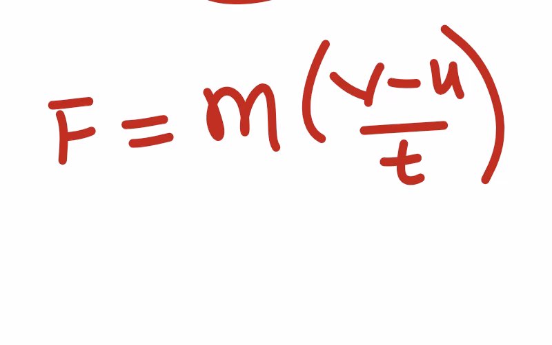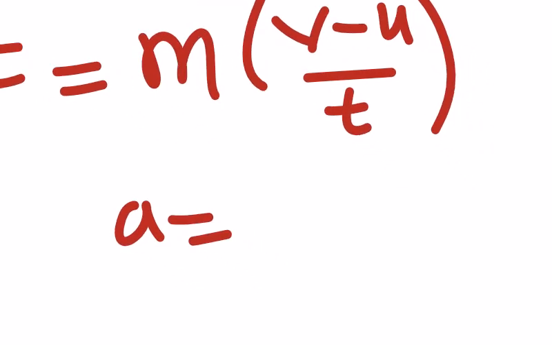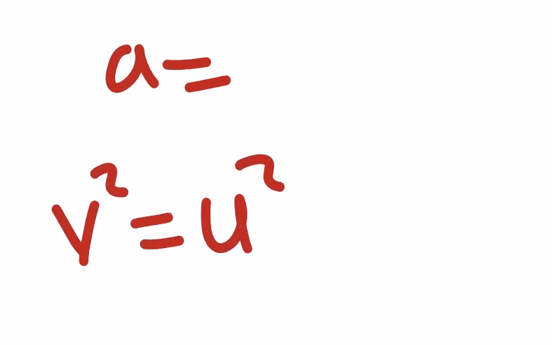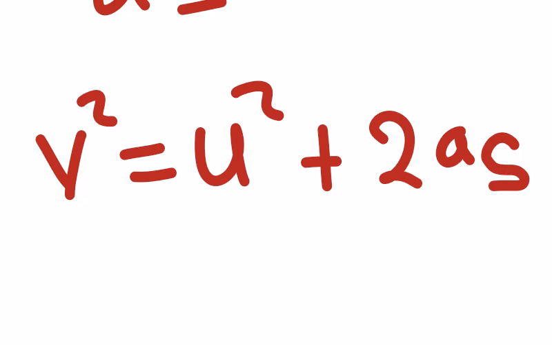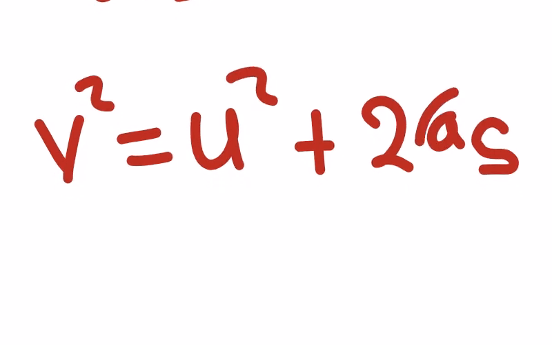If you can remember, we have acceleration as... okay, let me write the full formula. The formula is v squared is equal to u squared plus 2as. Hope you can remember this formula. So now this is our a.